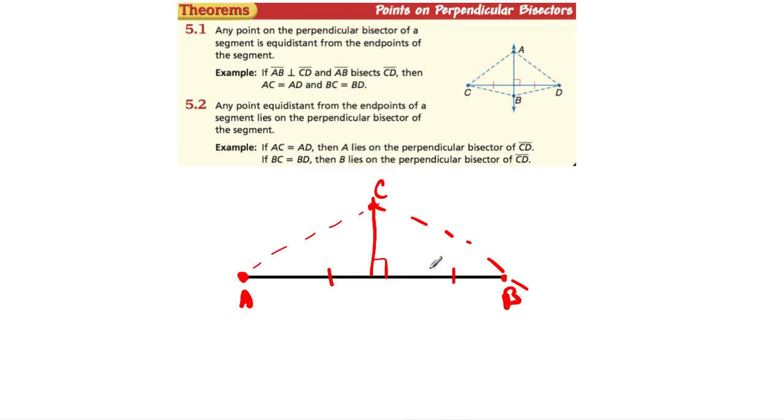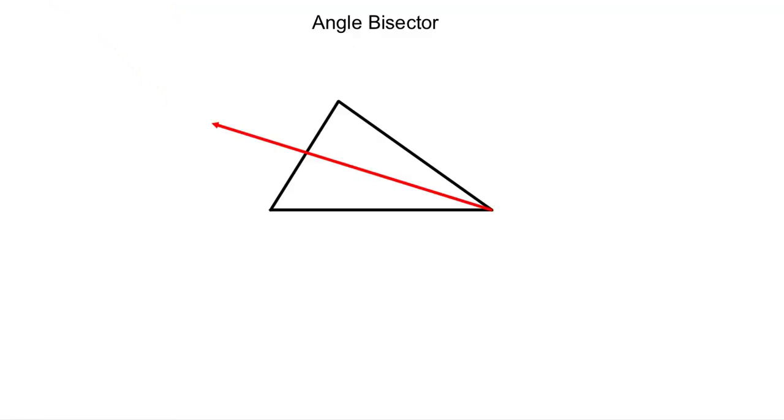So if you think about some applications here, we can actually do a lot involving congruent triangles and isosceles triangles with this. So this is actually a very helpful concept. All right, next piece of information is an angle bisector. We should know what an angle bisector is. An angle bisector is a line or a line segment, or in this case a ray, that cuts an angle into two equal halves.